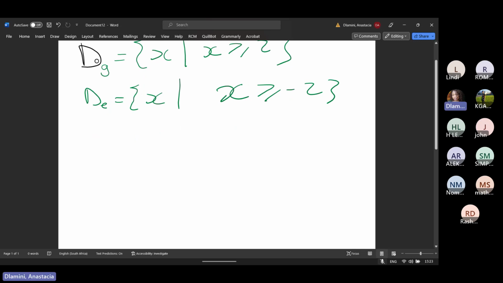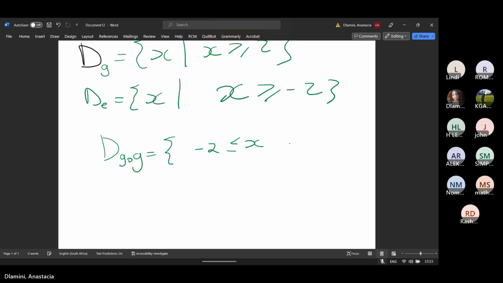By looking at this, can someone give me an answer? It's from negative. So all the values between -2 and 2. -2, yeah.